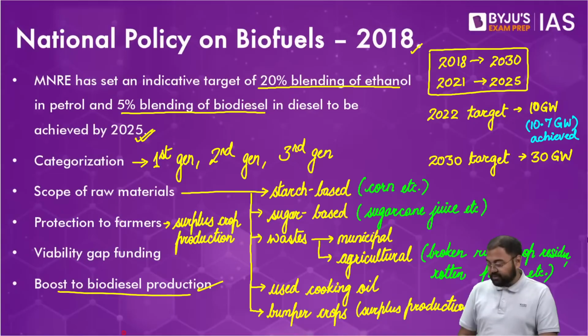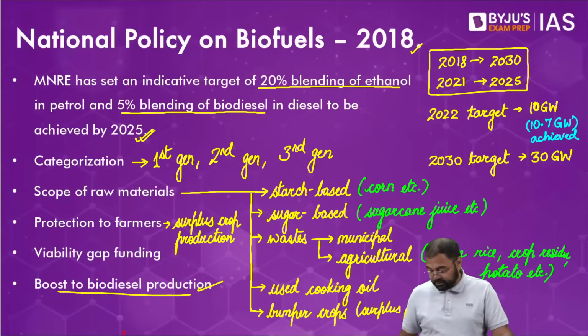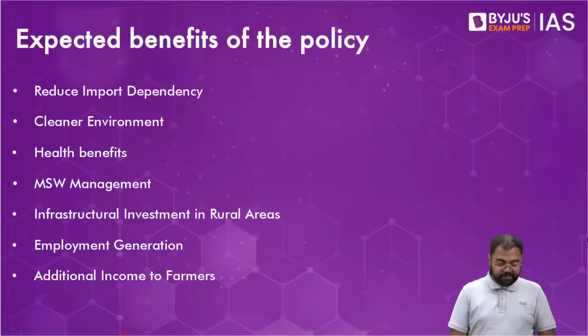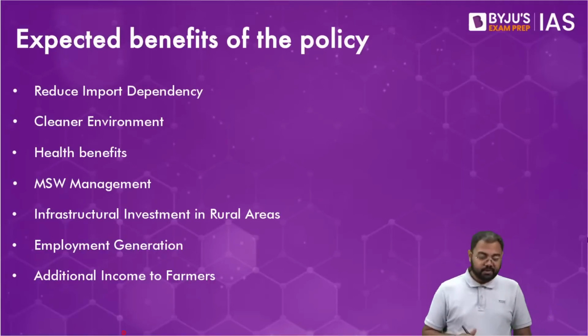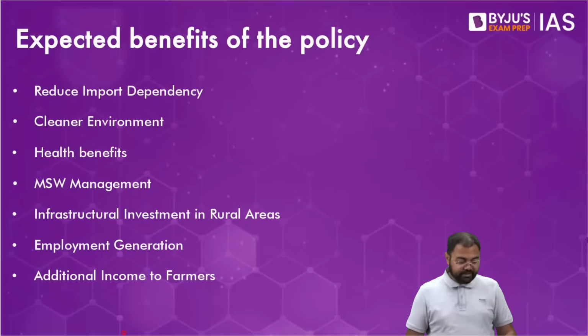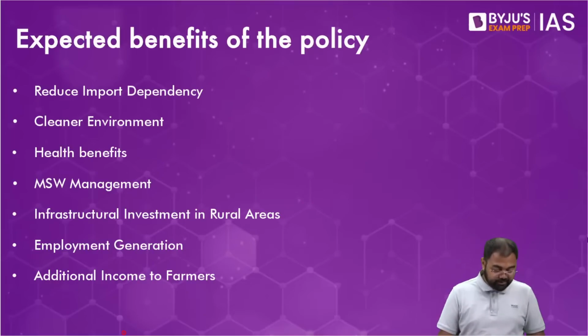So that's why we are also trying to take all these things as a part of this policy. There are n number of benefits that we are looking at with regards to this policy. For example, reducing the import dependency is one of the things.